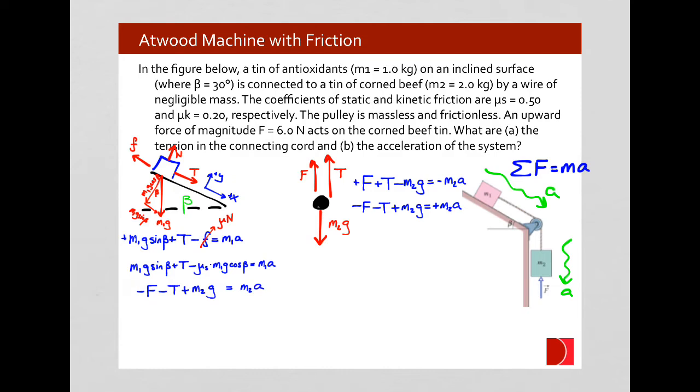So here we have one equation for block 1, and another equation for block 2. We have just moved them around a little bit, set them up nicely so that we can add them. When we add them, we see we have a plus tension and a minus tension that will cancel.